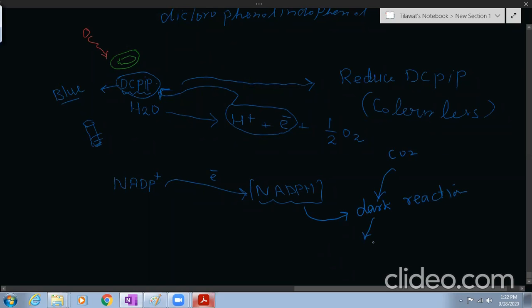Reduction of this carbon dioxide will take place and it will convert into C6H12O6. So the NADPH from the light reaction moves to the dark reaction. Am I clear up to here?